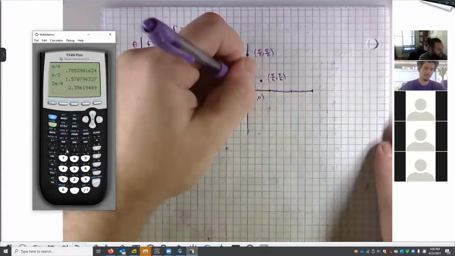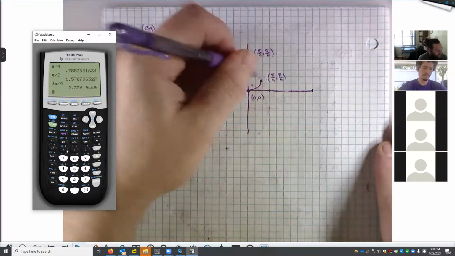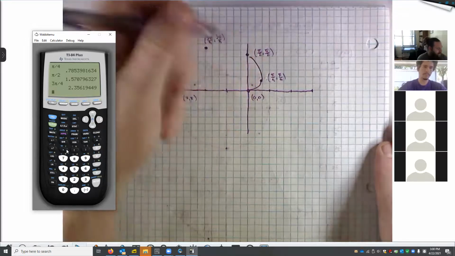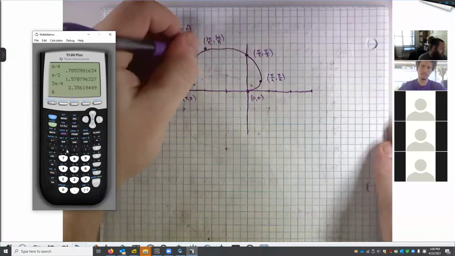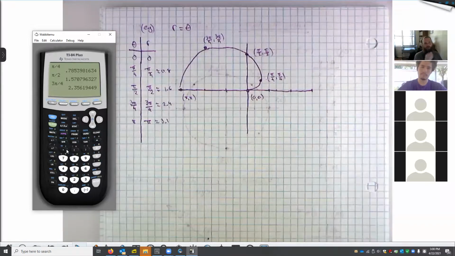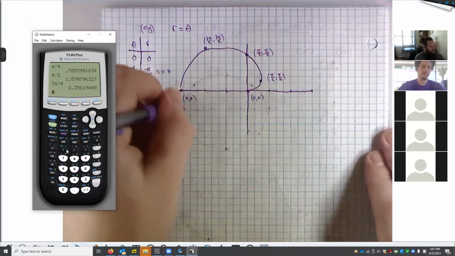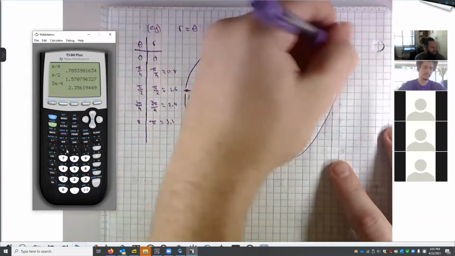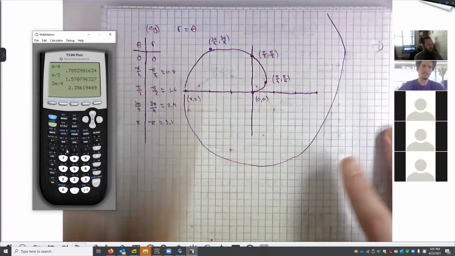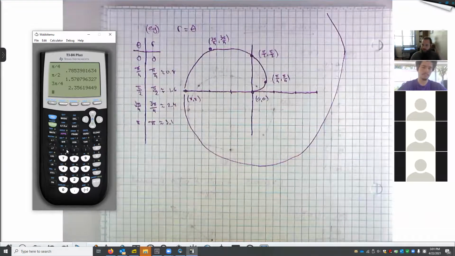If I connect these, can you see what this is going to produce? As theta increases, r continues to increase. It's going to be that Archimedean spiral.